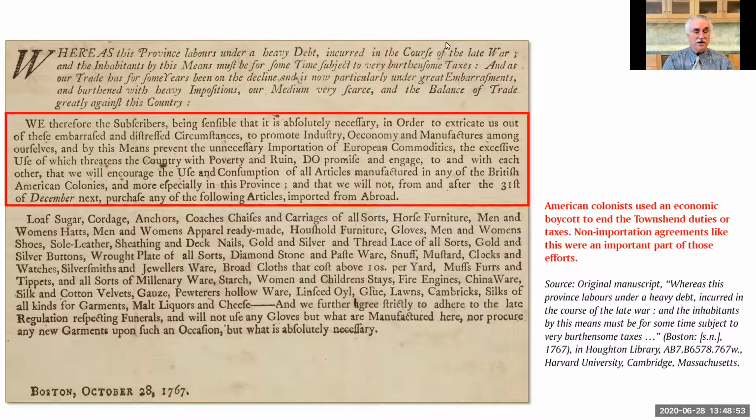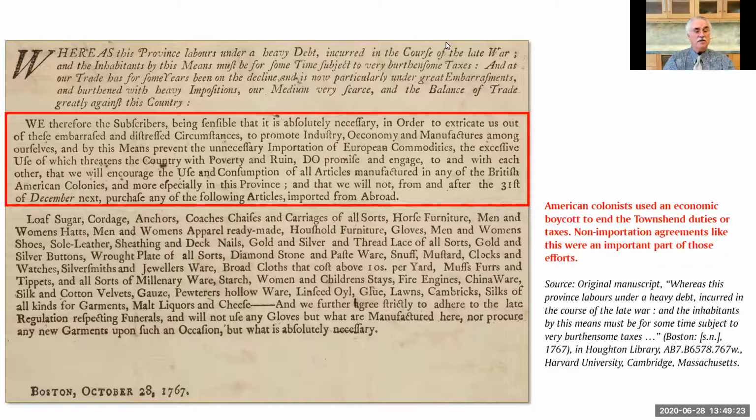So you can see here, it says, we the subscribers, being sensible that it is absolutely necessary in order to extricate us out of these embarrassed and distressed circumstances to promote industry, economy, and manufactures among ourselves. And by this means, prevent the unnecessary importation of European commodities, the excessive use of which threatens the country with poverty and ruin.